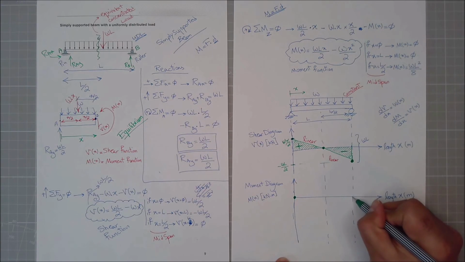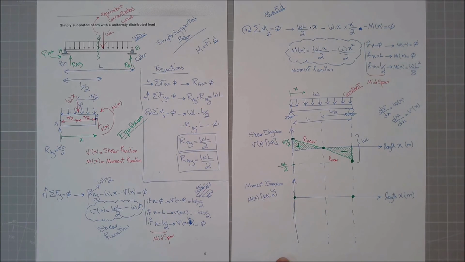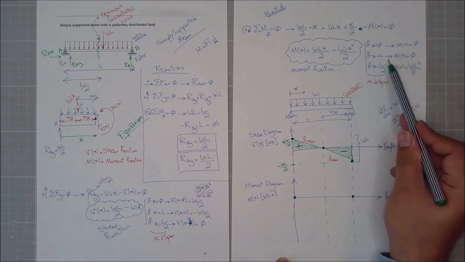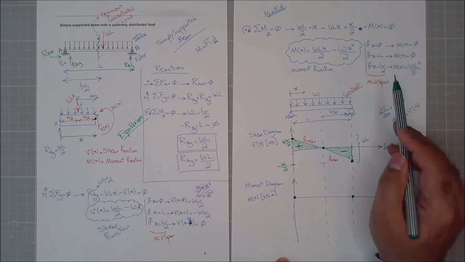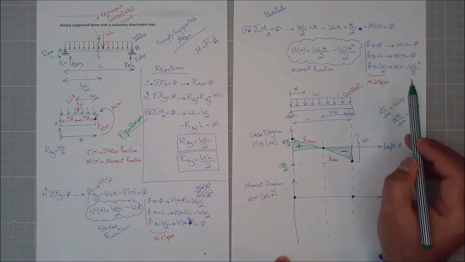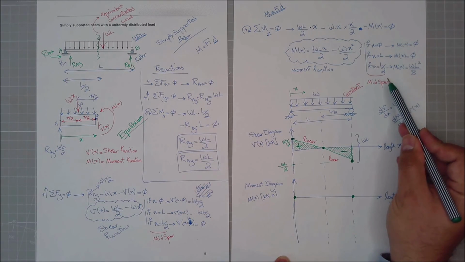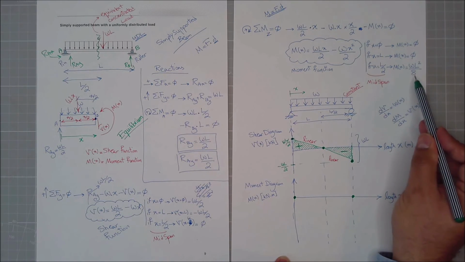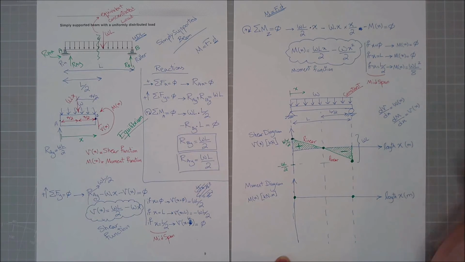So at the end of the beam as well, my moment is 0. I can't draw such a thing. There is something happening in the midspan as well. So it says at the midspan, when x is equal to half of L, your M is WL to the power of 2 divided by 8.